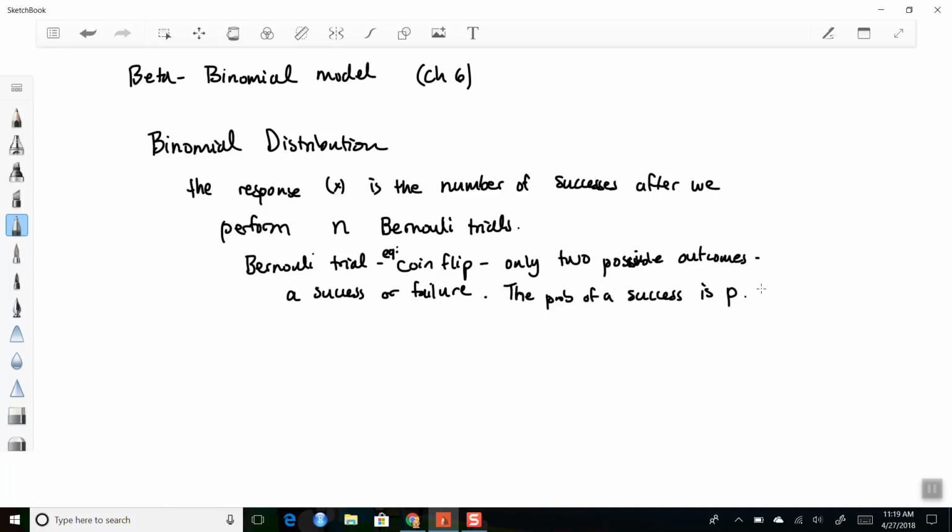If we do this n times and we're interested in getting x successes, then the probability mass function, the PMF, is n choose x, p raised to the x, times 1 minus p raised to the n minus x.